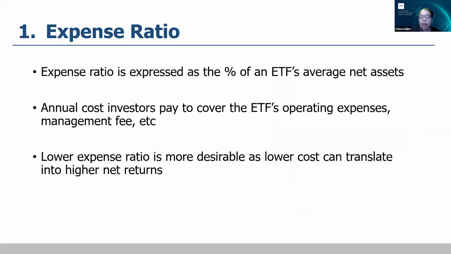So over here, I just have a simple example to illustrate how the expense ratio can actually affect your investment returns. So let's assume that you put an initial investment of $10,000 in an ETF over the period of 5 years. And if you look at this table over here, the ETF is able to generate an annual return of 10%.